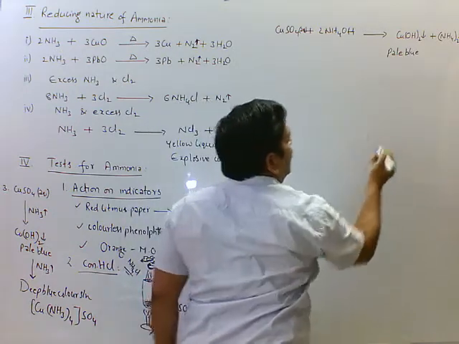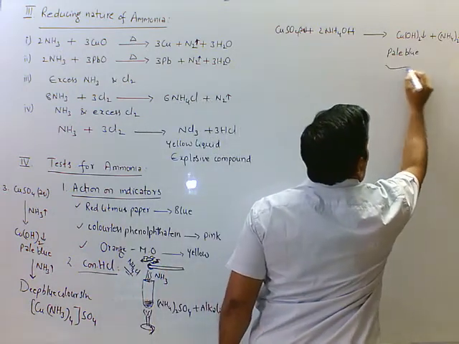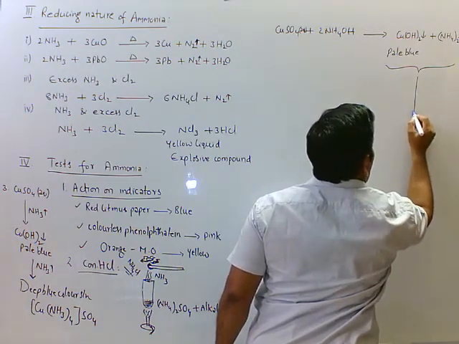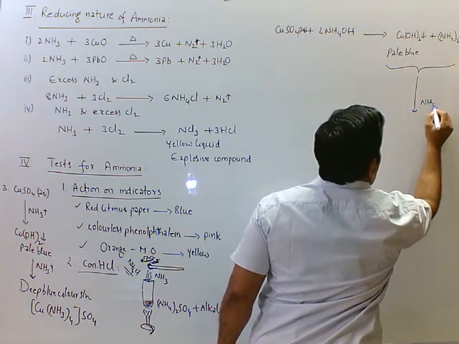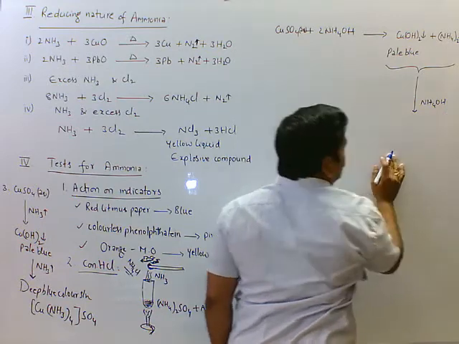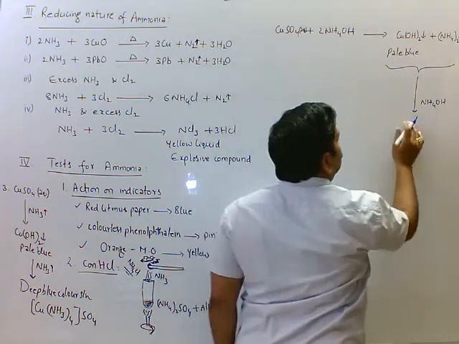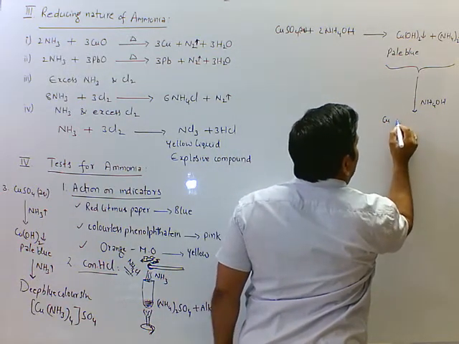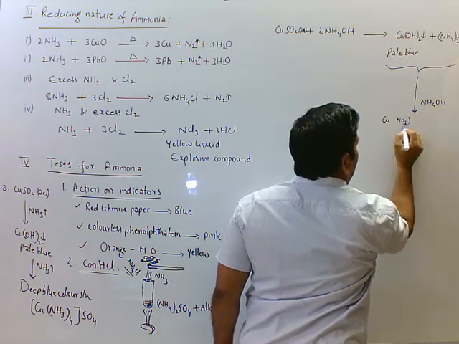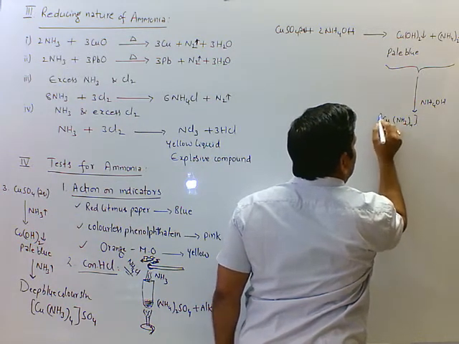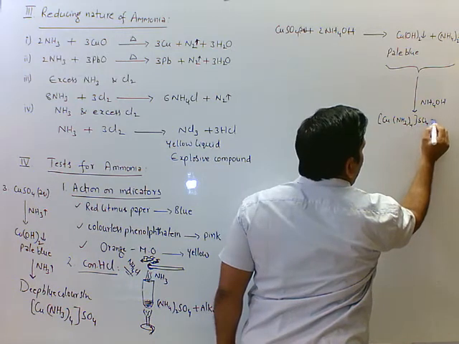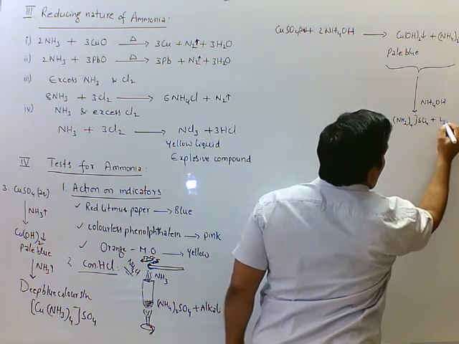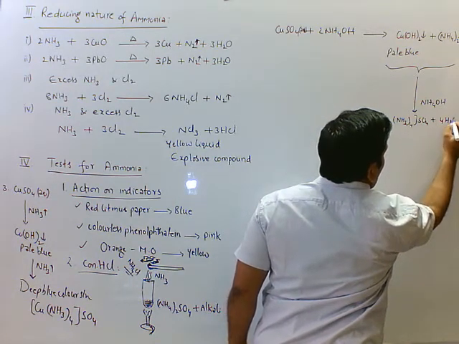Through this again we are sending ammonium hydroxide. We get here [Cu(NH3)4]SO4 plus 4H2O.